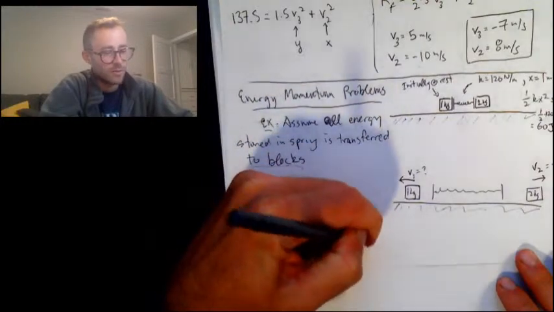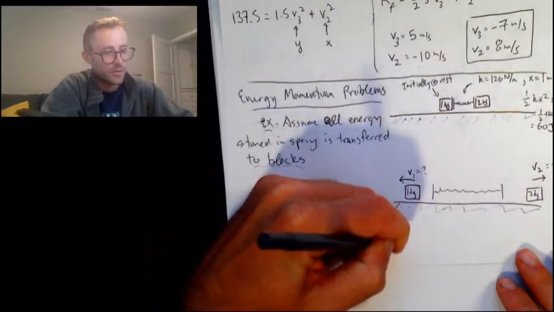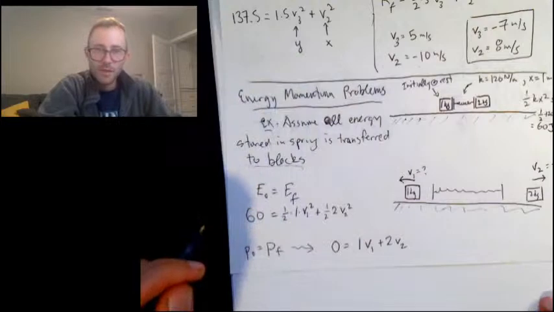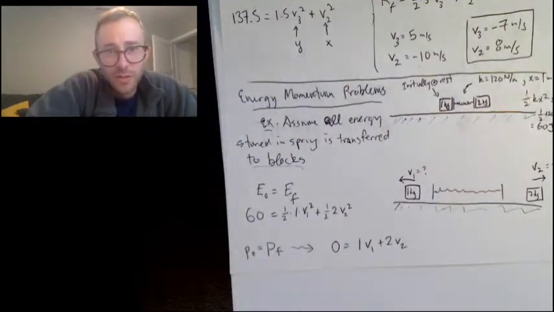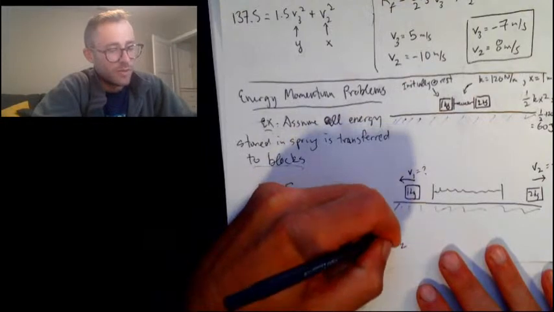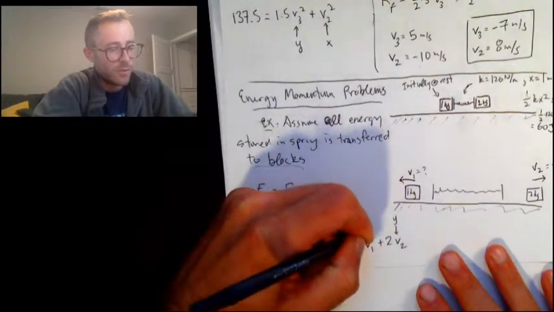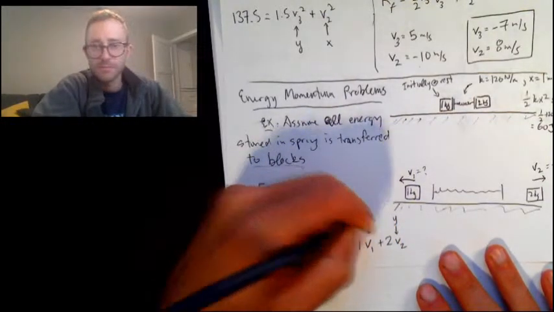It's going to be 1 times v1 plus 2 times v2. Again, this is an easier equation to solve, but it's still kind of tedious. So I will go to Desmos and type these in. I will have v2 being y, and v1 being x.